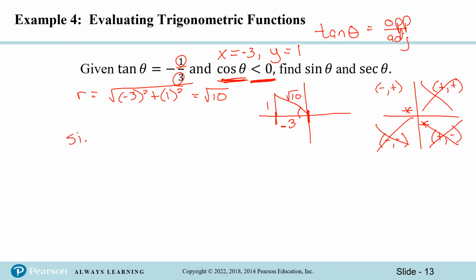And what do they want us to find? The sine. So first, we're going to do opposite over hypotenuse. So opposite is my y, which is a positive 1, over the hypotenuse, which is my radius. Radius is always going to be positive.